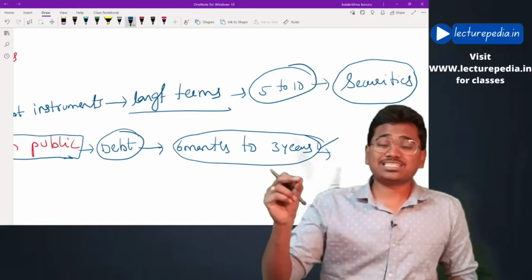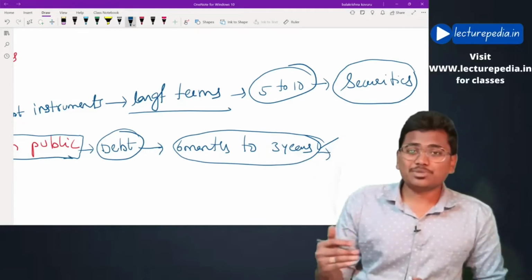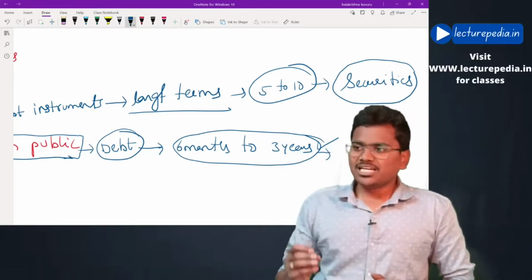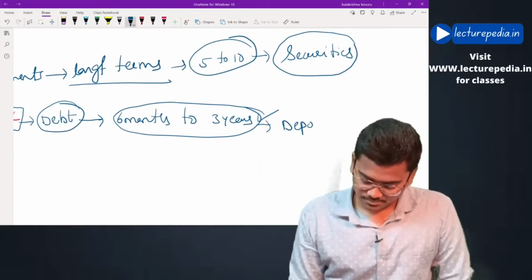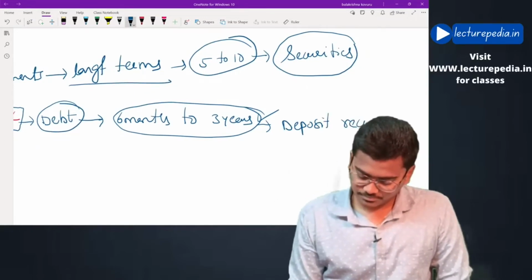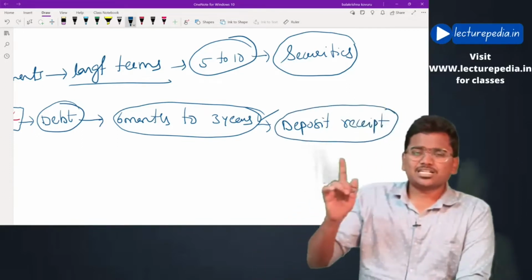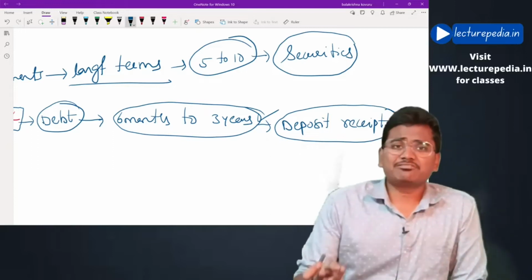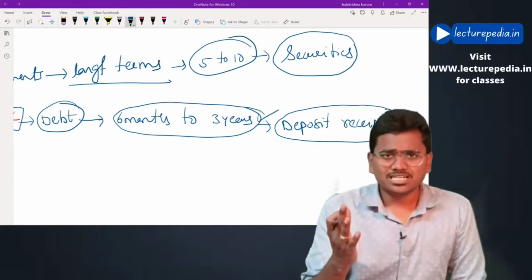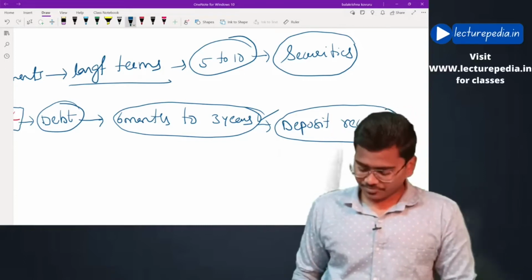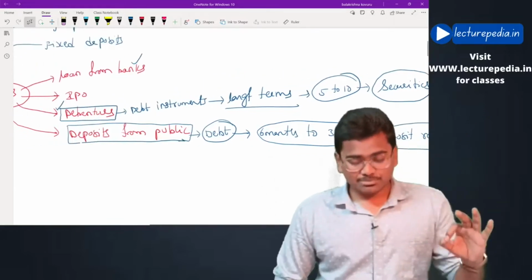Debenture security will be issued to the public, whereas if the company raises money through deposits, it will issue a deposit receipt. Now this deposit receipt is not a security. Like an equity share, like a debenture, like a preference share, this deposit receipt is not a security. This is the major difference between debenture and deposit.